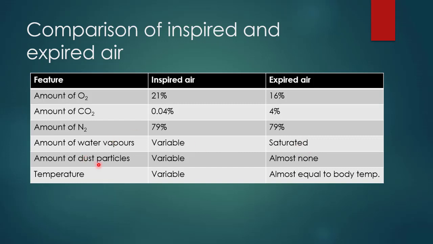Now, what is the amount of dust particles in both these types of air? It is variable in inspired air and almost none in expired air. And temperature is variable in inspired air, while in case of expired air, it is almost equal to body temperature, which means 37 degrees centigrade.